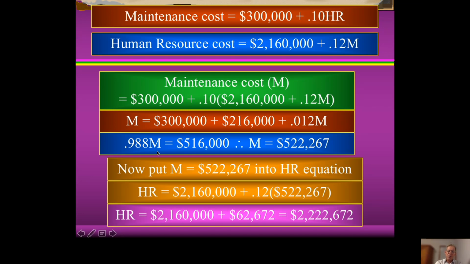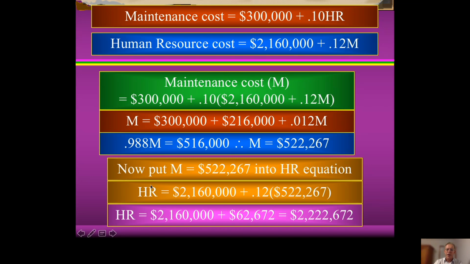If we divide both sides by 0.988, we will be left with M. So 516,000 divided by 0.988, M equals 522,267.